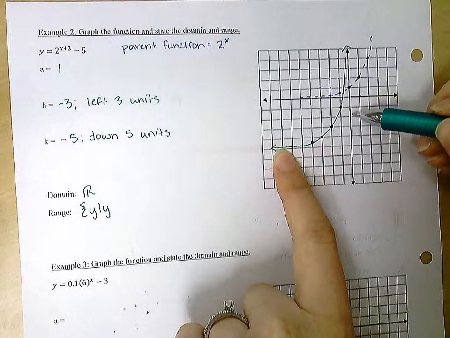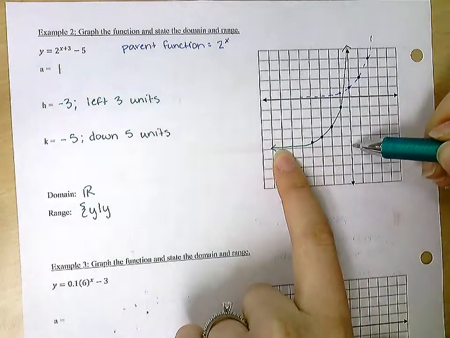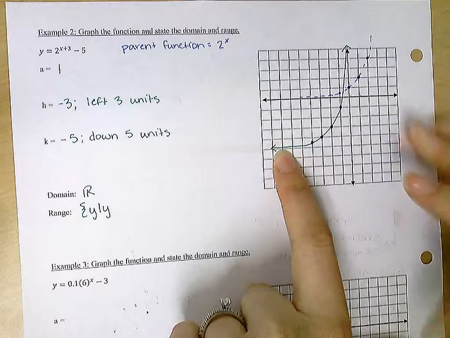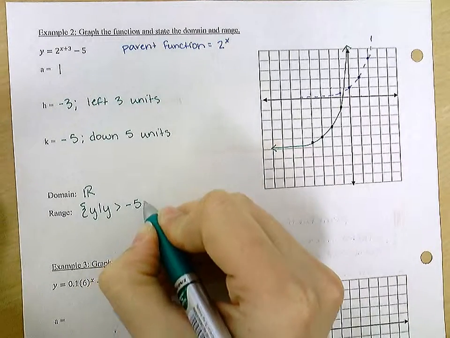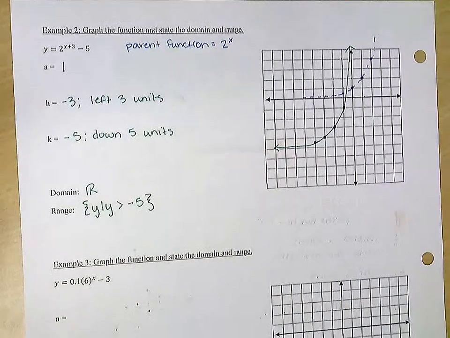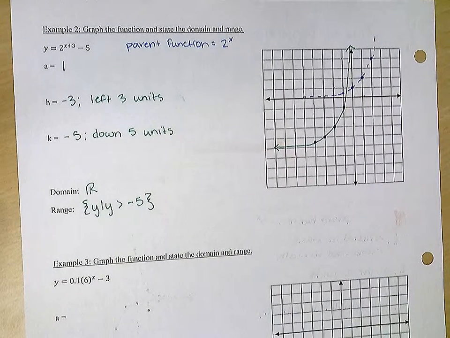That's at -1, 2, 3, 4, 5. So that's at -5. So that means my y values have to be greater than -5. Okay, so all my y values have to be greater than -5. It does approach -5, but it never actually crosses that line. That's your asymptote.